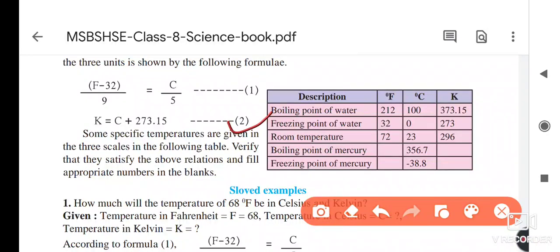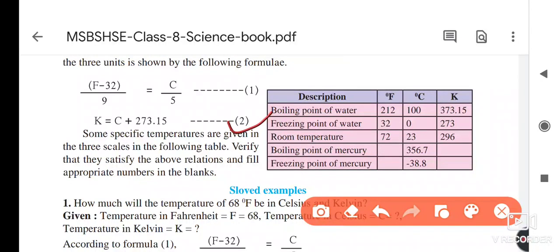The freezing point of water in degree Celsius is 0, in Fahrenheit 32 degrees, and in Kelvin 273.